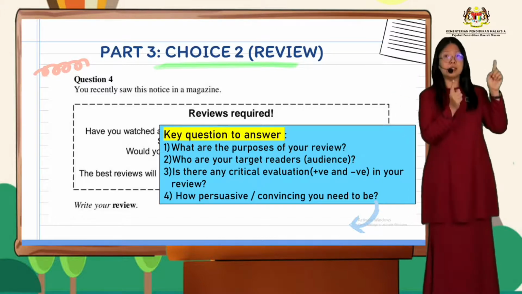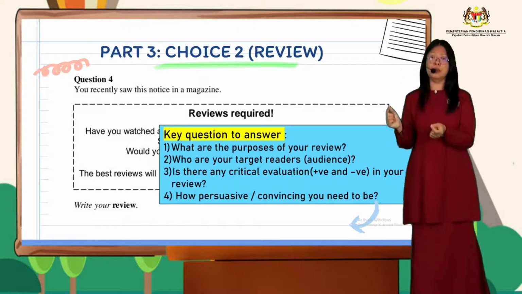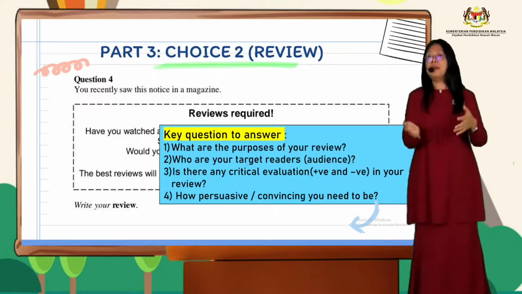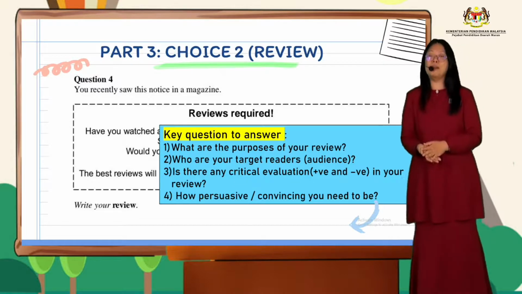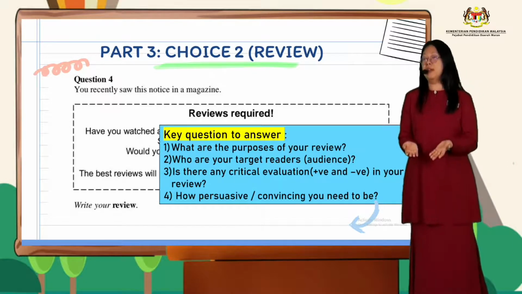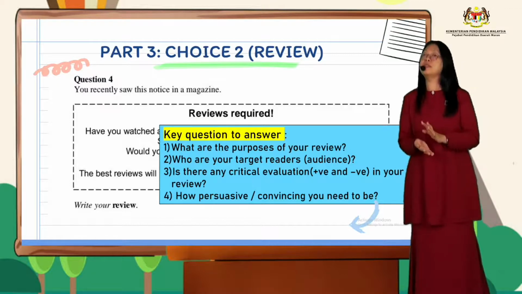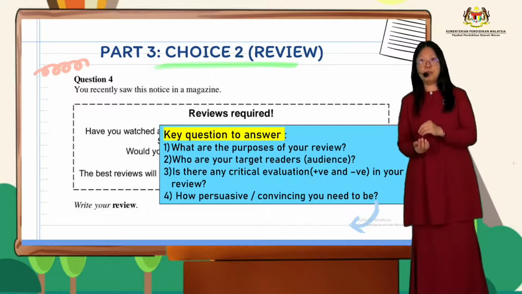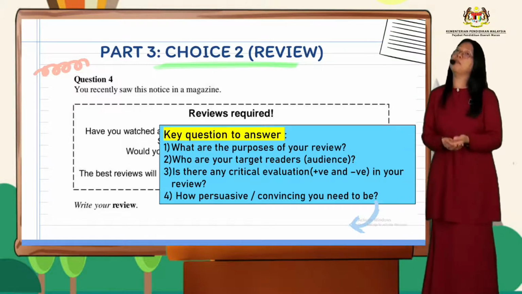This pen is lightweight. This pen is colorful. We like to talk about the positive points. But please remember, a good review must have both sides: good points as well as some points for improvement.